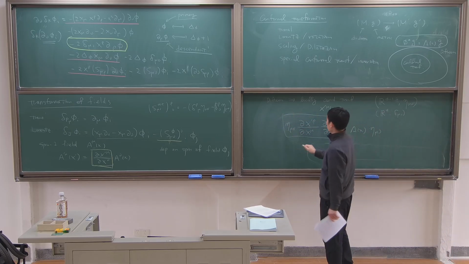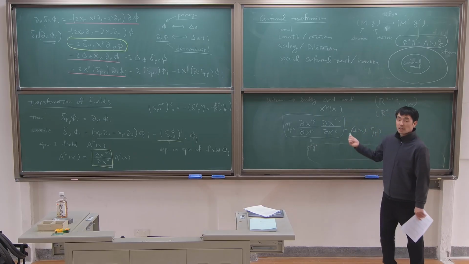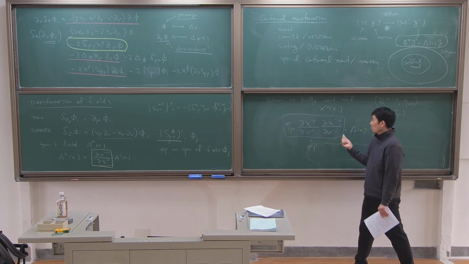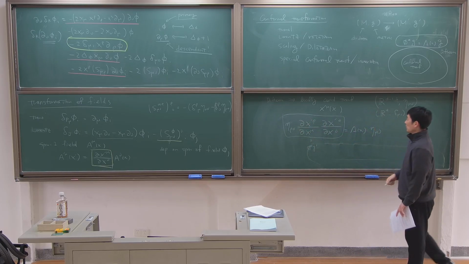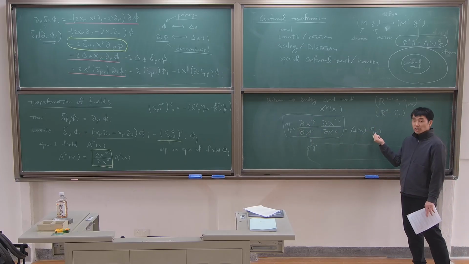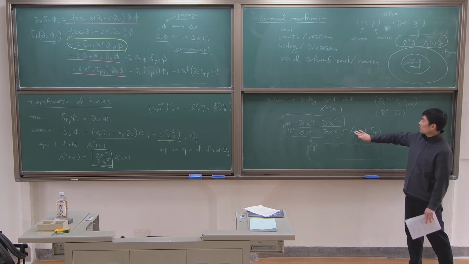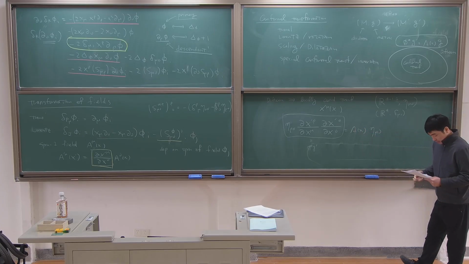This is essentially phi star of G prime. It should be proportional to the original metric, and proportional means up to some scalar function, lambda of x. That's the transformation rule.